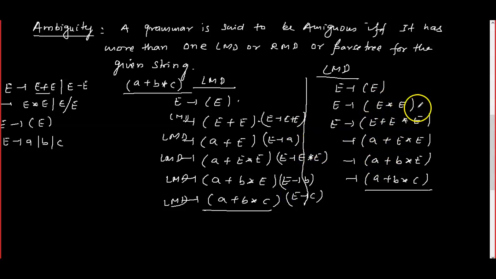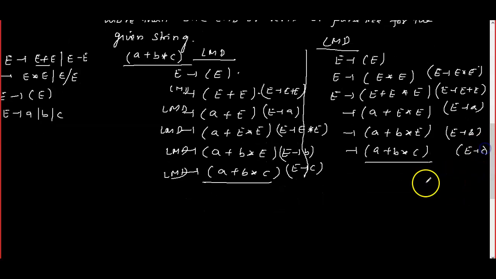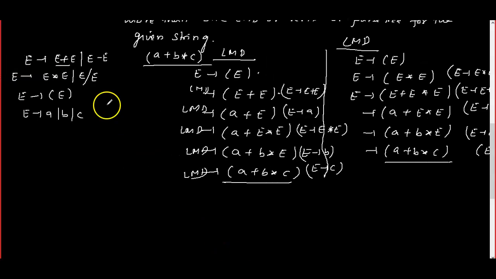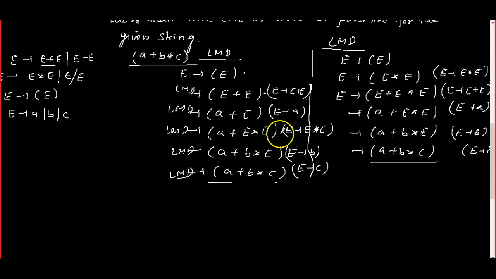Here we have first chosen E star E, then E is equal to E plus E, then E is A, E is B, and E is C. So in this case we have substituted the multiplication first and plus later. So if by choosing differently we are getting the same string, it means there is confusion, the parser will be confused about which one to choose, right?